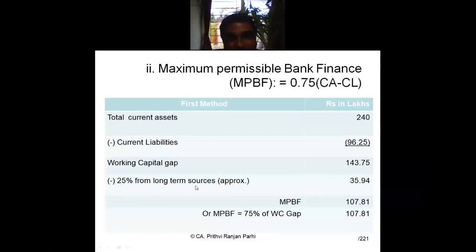Minus 25% of the long-term sources, that is 35.94, is to be deducted, then maximum permissible bank finance is 107.81. This is option 1. Alternatively, maximum permissible bank finance is directly 75% of the working capital gap. You take 75% of this working capital gap, and you will get the same answer.